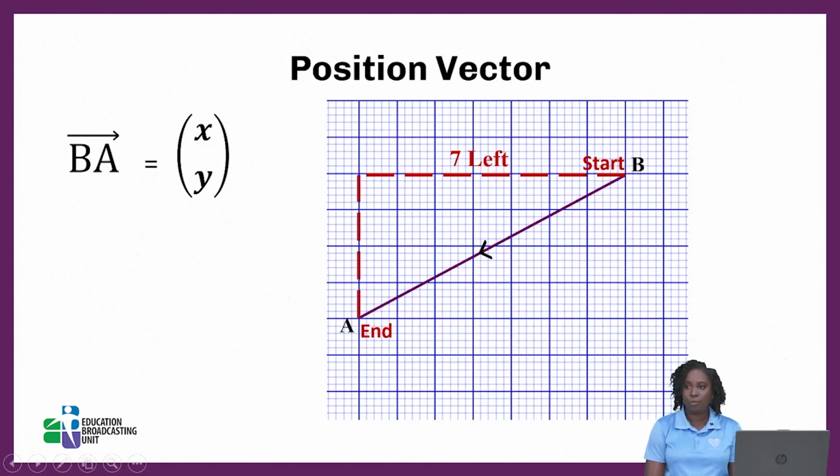And then we would have moved downward, and it is down 4 places. And so our vector is going to be (-7, -4). Just a reminder once again that this column matrix is a way for us to express our vectors, and it tells us how to move. And so we would have gone left 7 places and down 4 places.